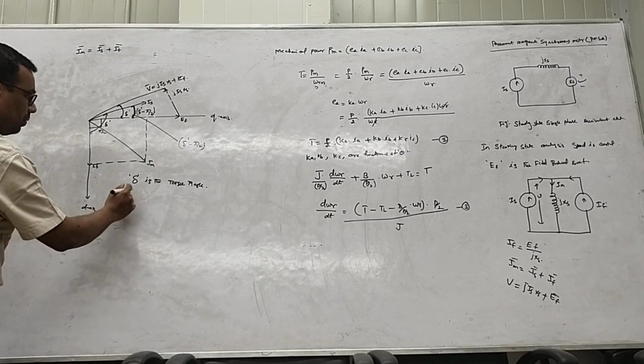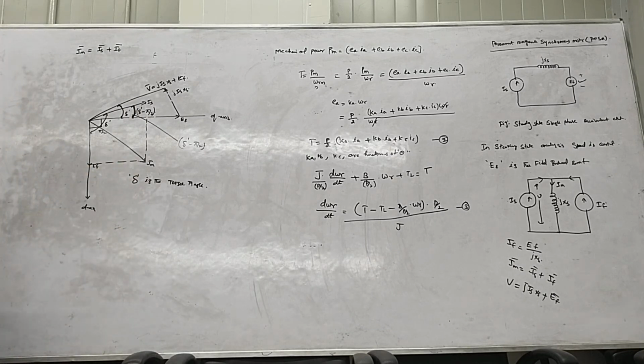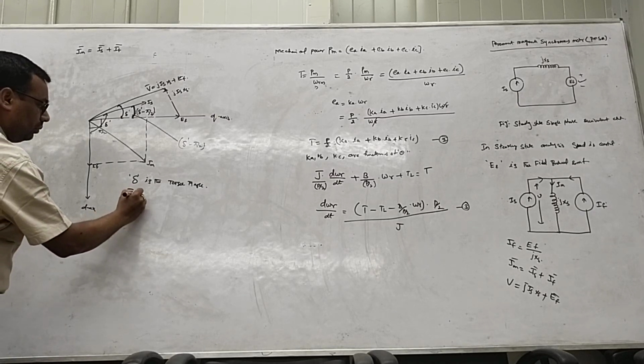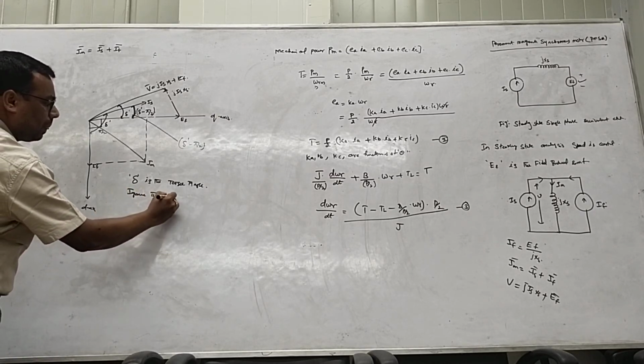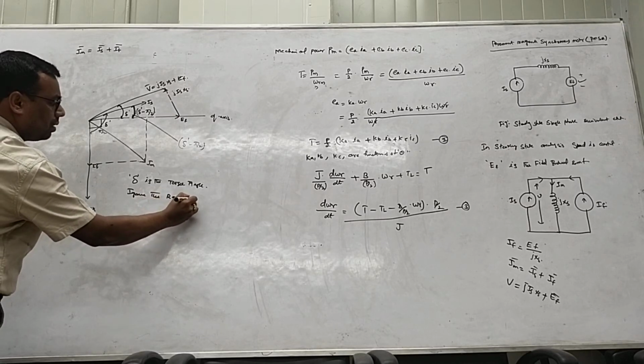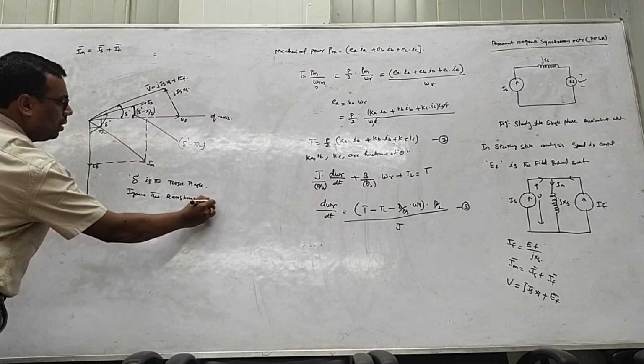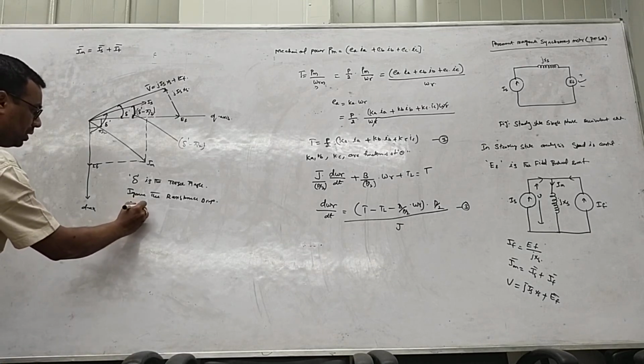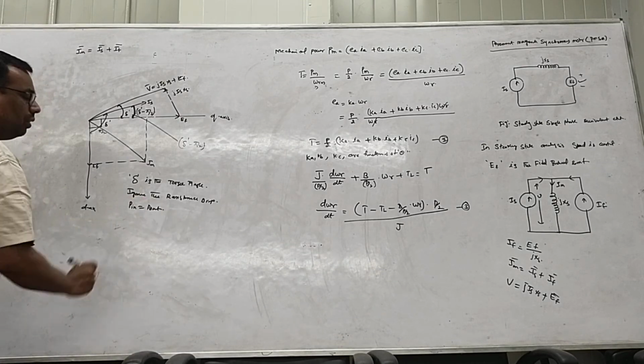Now if you neglect the resistance drop, P input is equal to P output.